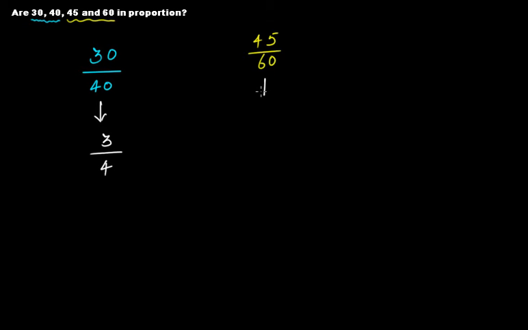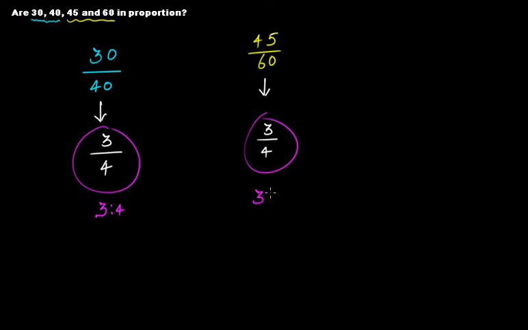Let's solve this one. The highest common factor of 45 and 60 will be 15. If you divide 45 by 15, you'll get 3. And if you divide 60 by 15, you'll get 4. Therefore, ultimately, you are getting the same ratios, 3 ratio 4 and 3 ratio 4.